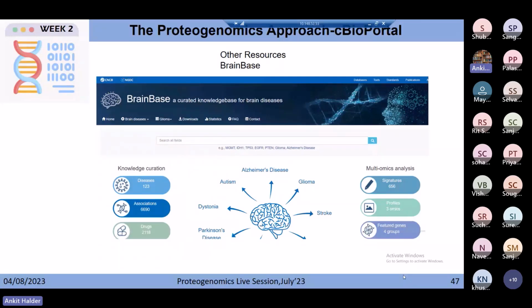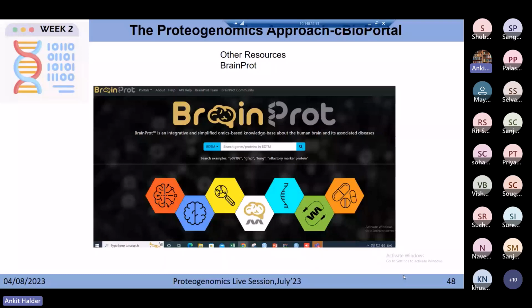Similarly, another portal is BrainProt, from the Proteomics lab at IIT Bombay itself. Here also you can visualize different brain diseases, both neurodegenerative and tumor-related, find the signatures, and see how a particular gene or protein looks in control and tumor states.